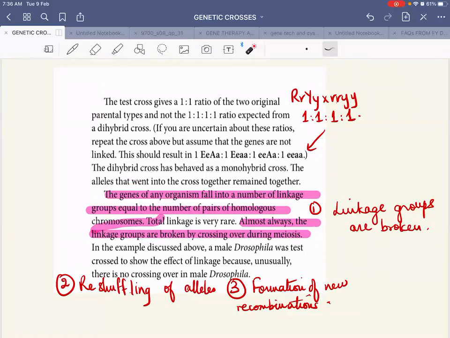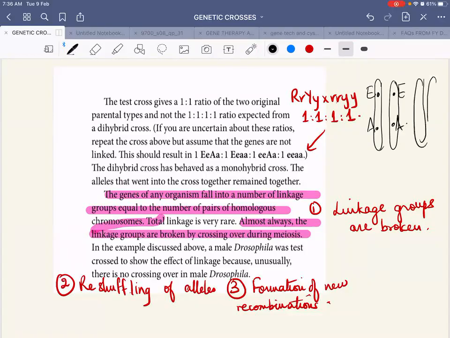right? Which means that you have a pair of chromosomes, and let's say total linkage takes place, meaning, let's say I have it like this, and on the other chromosome, it's small a, and small a.